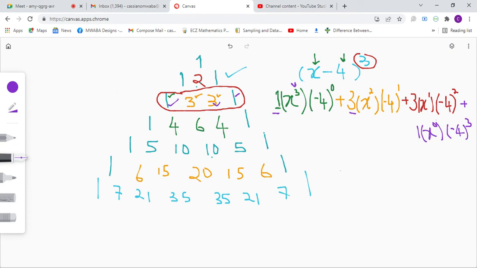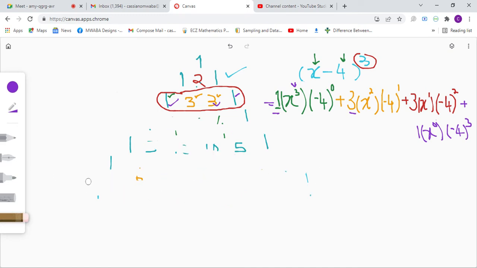So now we're going to operate and expand. Let me just make some space. I will say equals.